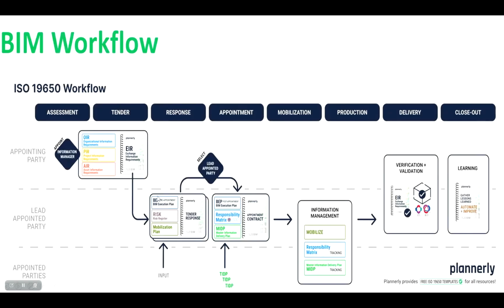So this is the part where the assessment is going to happen and the tender is going to be taken. What is a tender, basically? It is related to the project, which the appointing party is going to share with the client, and people are going to work on it.